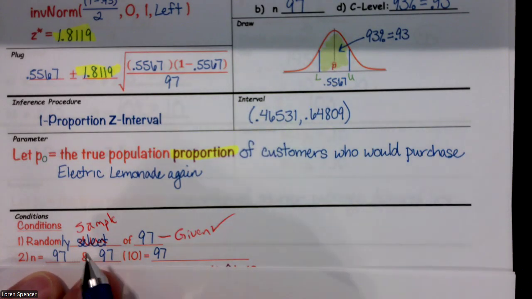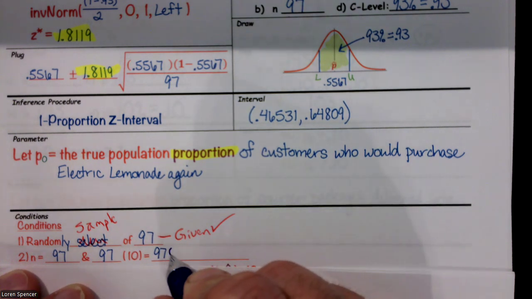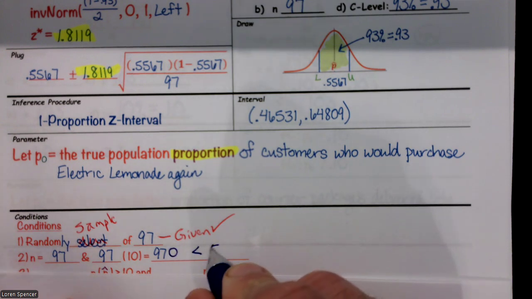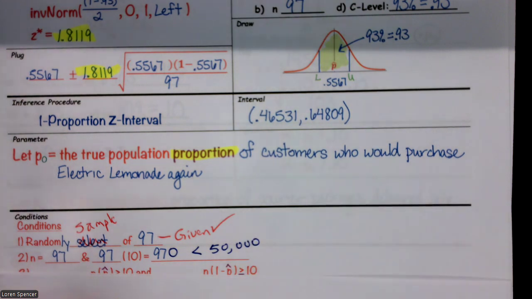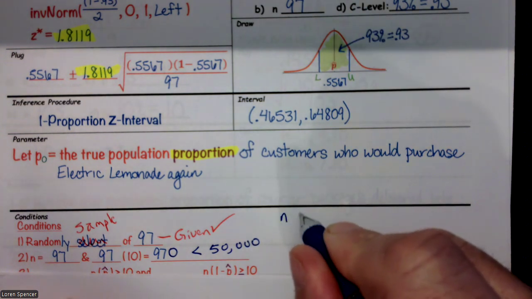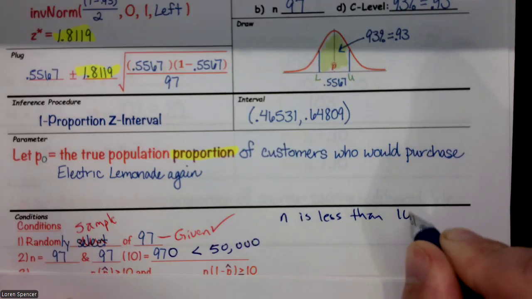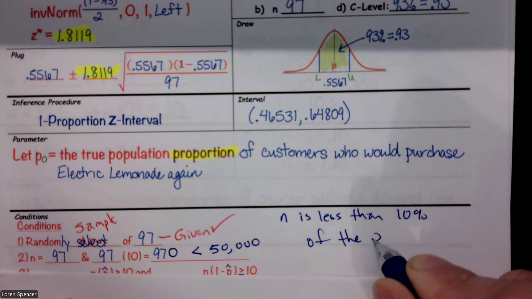By the way, random select is fine, I just prefer sample. So n is 97, and 97 times 10 equals 970. That 970 is less than our population of 50,000. So we can say n is less than 10% of the population.